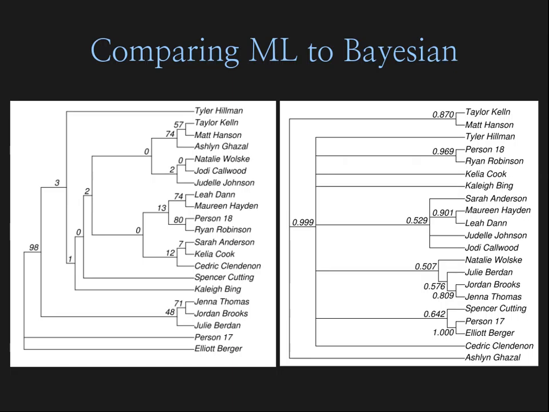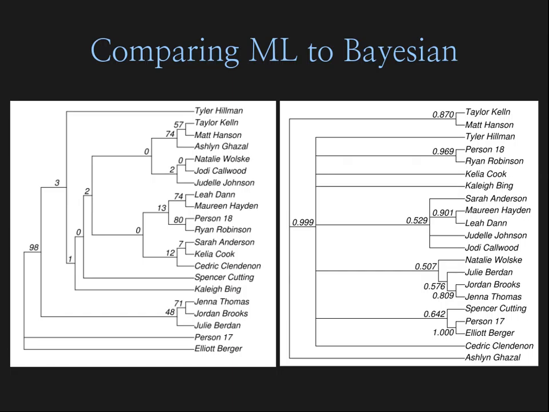The Bayesian. Okay, let's look at a couple others. Like, for instance, Elliot Berger and Person 17. Okay, let's skip that one for now. Taylor Kill and Matt Hatson, a 0.87 here, and over here it's 57%. Over here we have Jordan and Jenna, basically a 0.81, and here a 71.